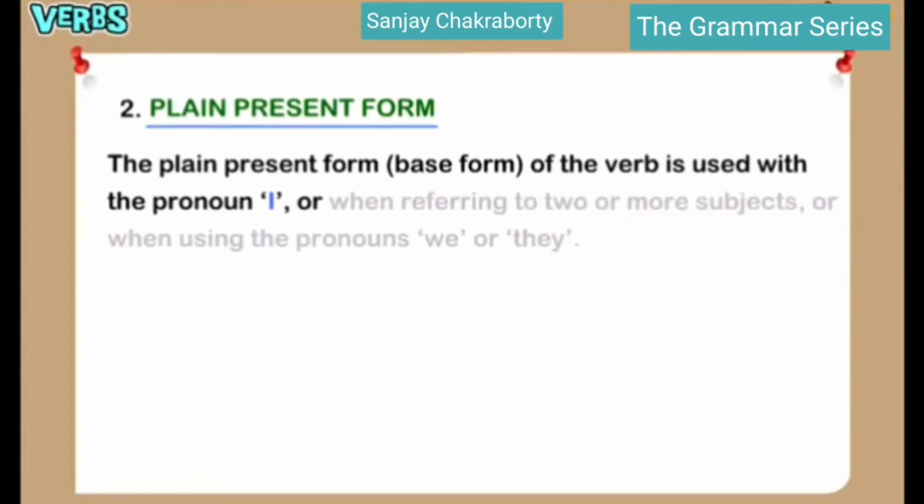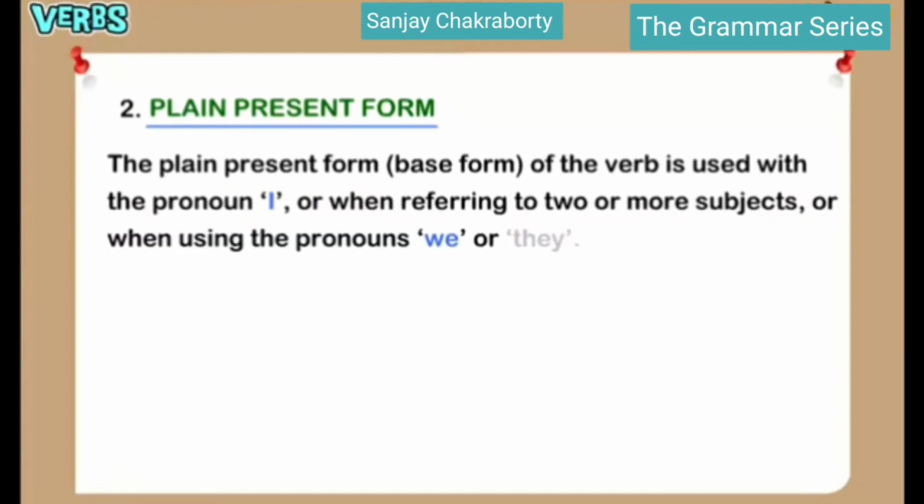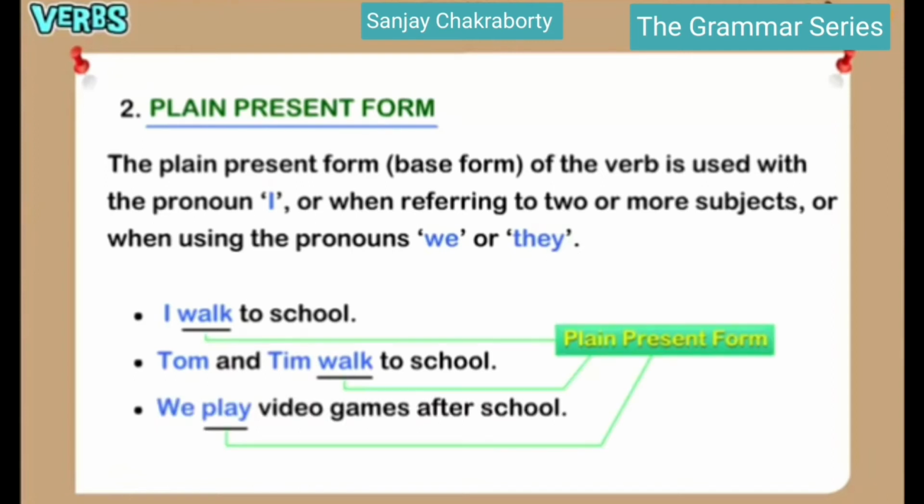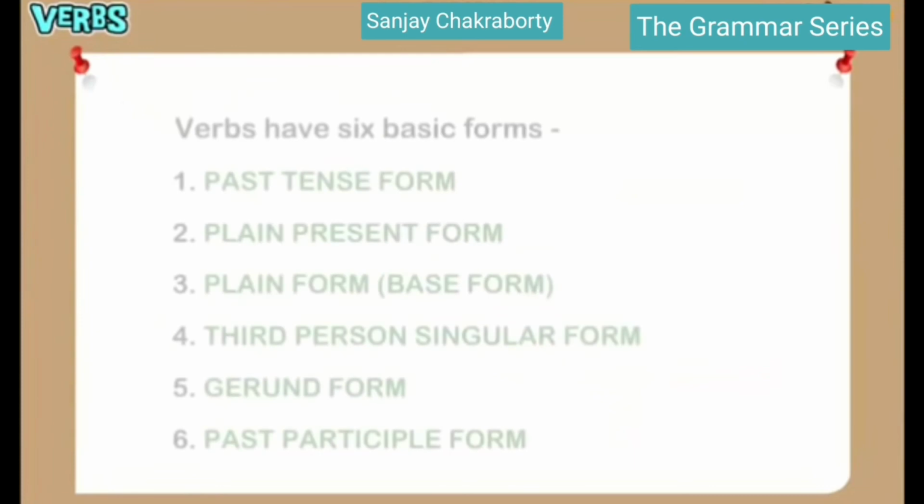If we talk about plain present form, the plain present form, which is the base form of the verb, is usually used with the pronoun I, or when we refer to 2 or more subjects, or when using the pronoun we or they. Simple example, I walk to school. Here the word walk is underlined, which is plain present form.